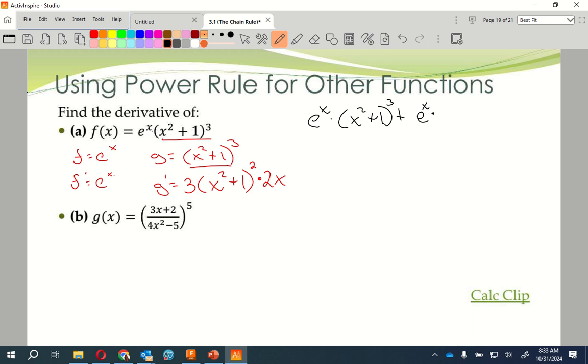Can I rewrite g prime a little bit? I could rewrite it as 6x. Very good. So it's going to be times 6x quantity of x squared plus 1 squared. There we go. And if this is a free response question, I would leave it alone, right?